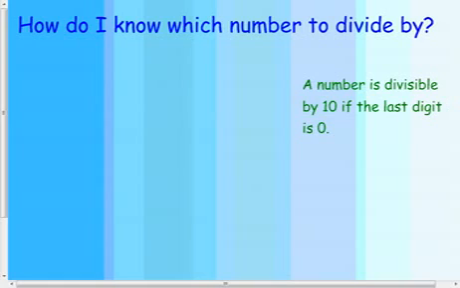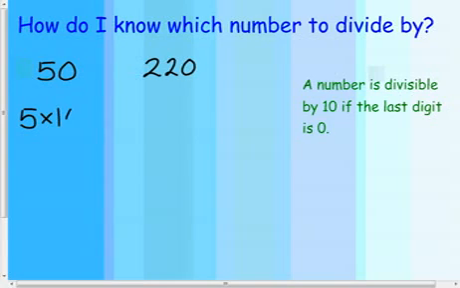And I know that you know that, because if you look at a number like 50, you know that it's 5 times 10. Okay? And hopefully if you look at a number like 220, you also know that that's a multiple of 10. Because when you multiply 5 times 10 to get the number 50, you're just really adding a 0 to the 5, right?